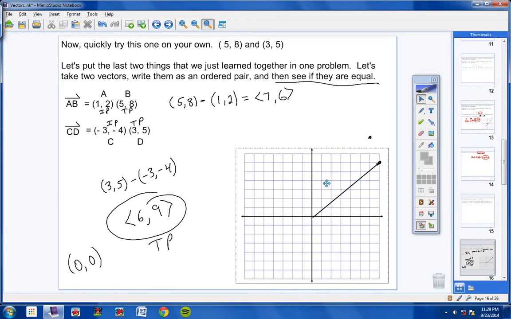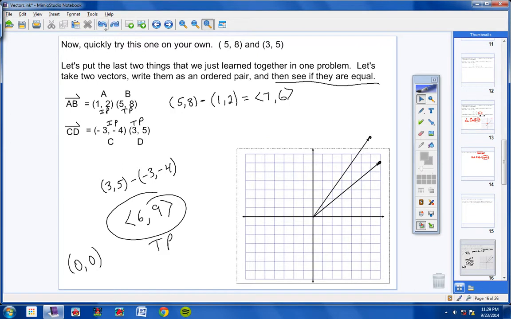So it's really helpful to learn to take vectors and write them as an ordered pair, because when you do that, it's so much easier to compare them. Okay, it really is. All right, so are these two vectors equal? No, they are not equal because they don't have the same direction, and not only that, they don't have the same length or magnitude. Okay? All right, I hope this is making sense. Let's go ahead and continue on.